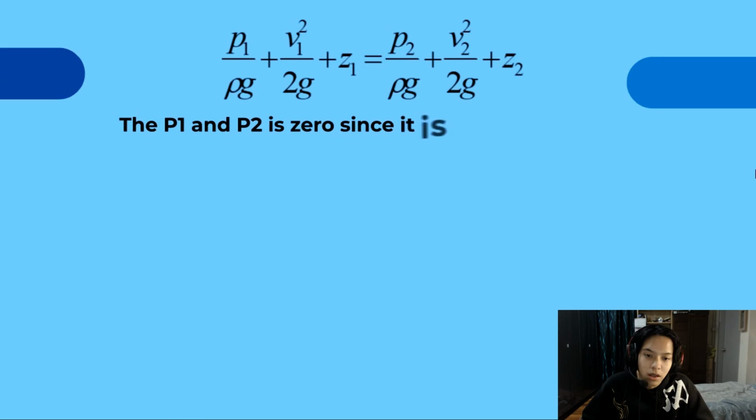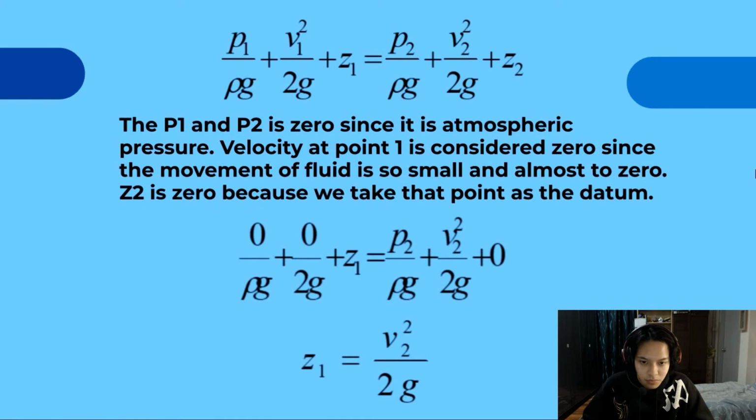In the first equation, P1 over rho g, where P1 is the pressure of the fluid over density times gravity, plus V1 squared over 2g, where V1 is the velocity of the fluid, plus Z1, which is the fluid height, equals P2 over rho g plus V2 squared over 2g plus Z2.